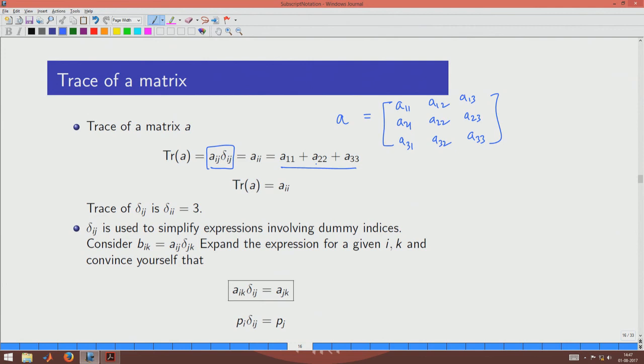So, what is the quantity that is written here? It is nothing but a summation of these, which is nothing but the trace of a matrix A. So, this is the idea. Whenever you take a second order tensor, a matrix that has 9 elements, and multiply with the Kronecker delta such that both the indices are being contracted, then the outcome is nothing but just the trace.